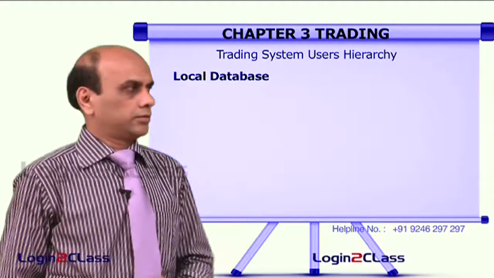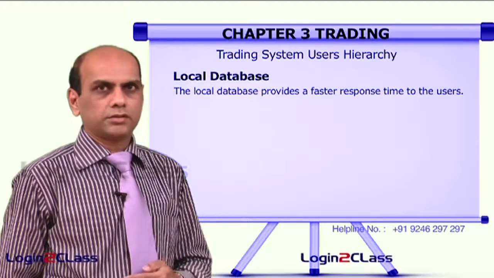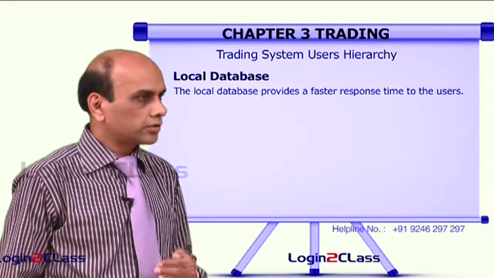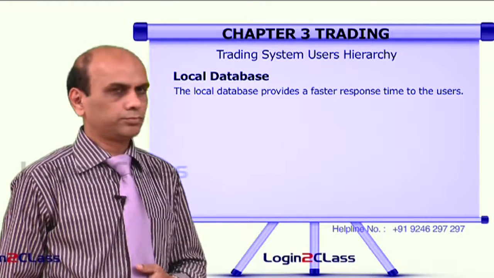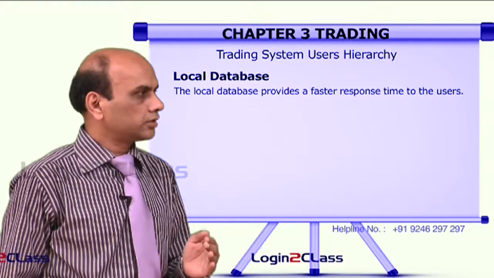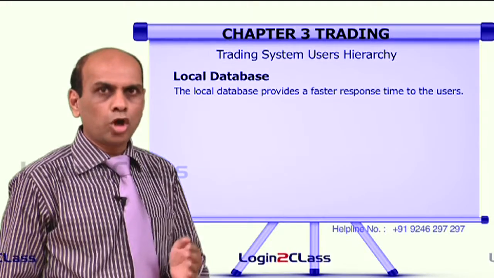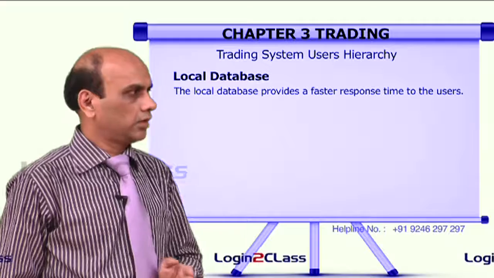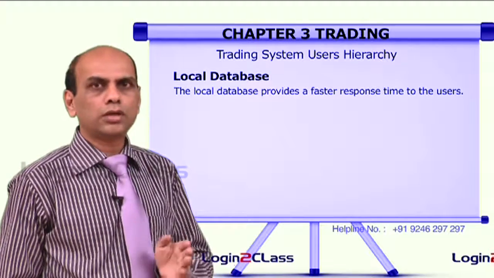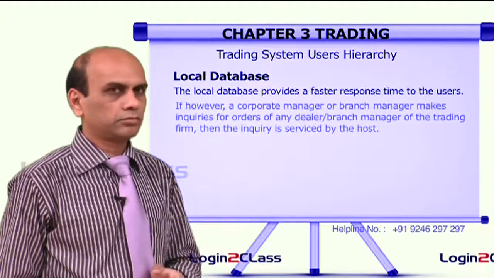Local database. The local database provides a faster response time to the users of the NEAT system. All inquiries made by a user for his own orders and trades are serviced through the local database system.